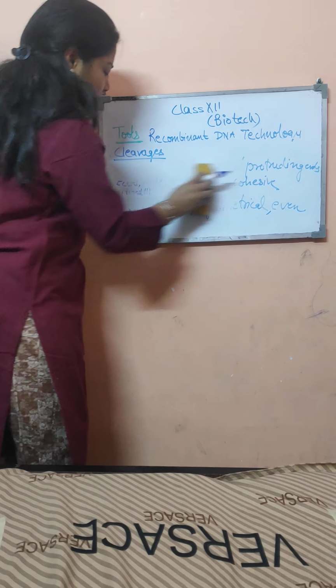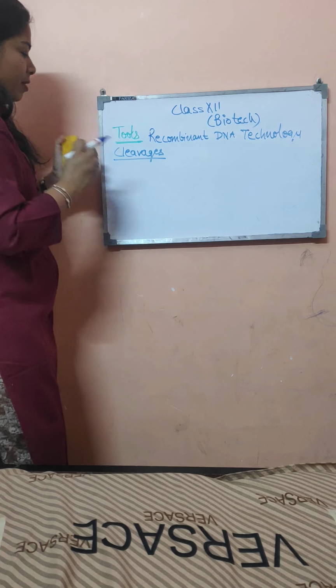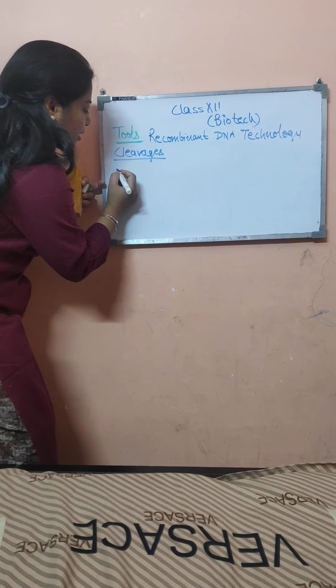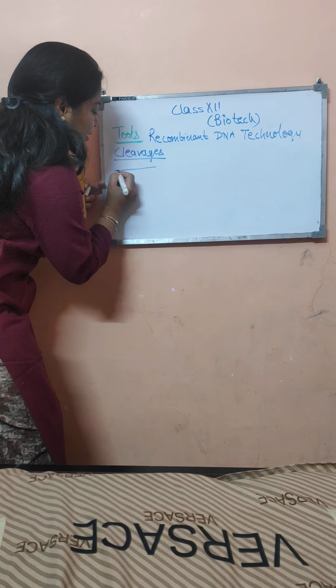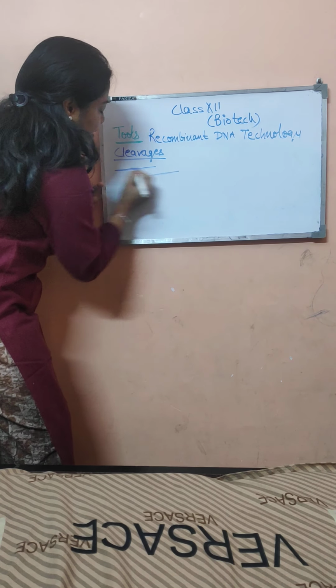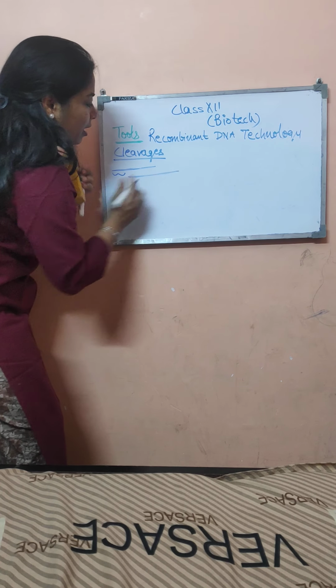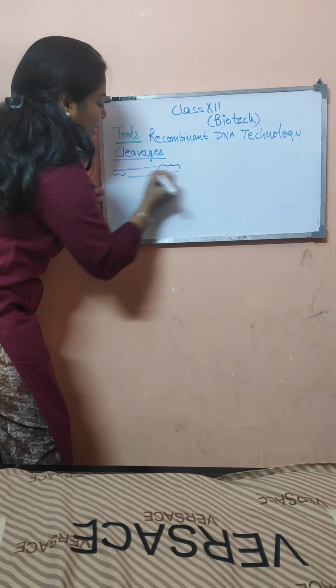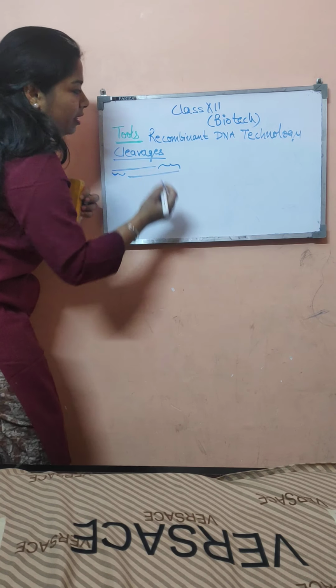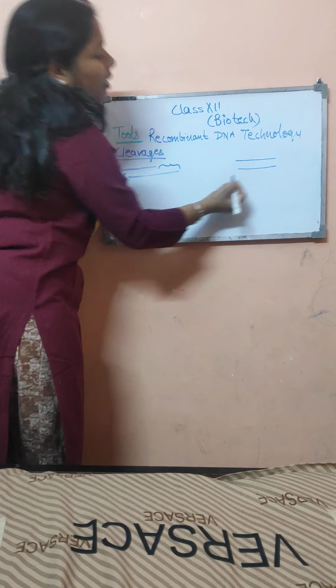With that diagram we can clearly see when a staggered end is made, the resultants are as these. It means one end of DNA is overhanging over the other end.